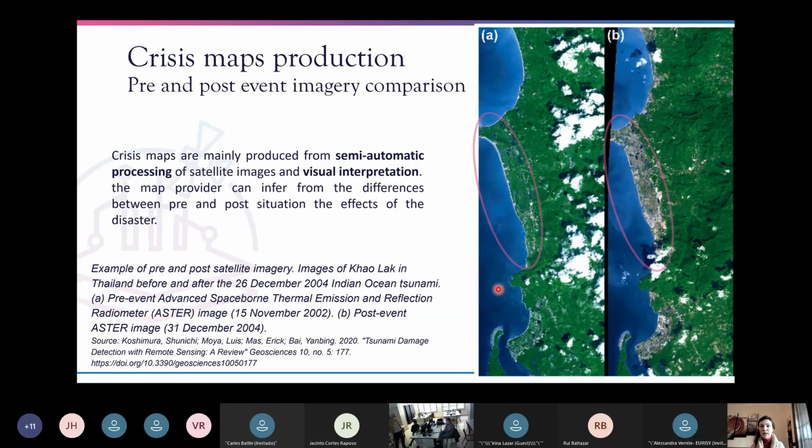So if some of you could be interested, this could be one option for the project. So it could be to produce a map processing the satellite image, or to take the data provided by Copernicus for a certain disaster and to intersect this information with other available data, like the presence of buildings or the land cover, in order to see which is the impact over the territory in terms of population, in terms of land cover.